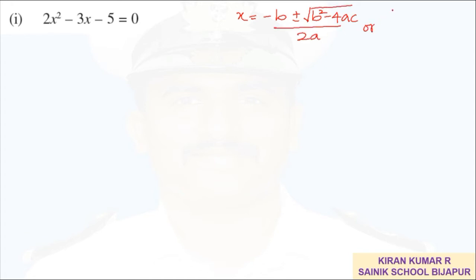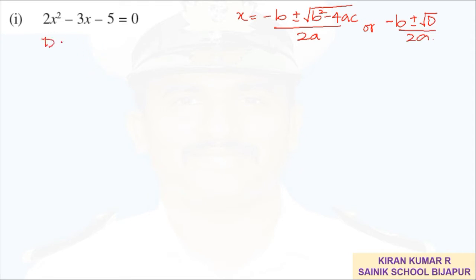Or else I can write the formula as minus b plus or minus root of d, which is discriminant, by 2a. So each time let me find the value of discriminant and then make use of the formula.